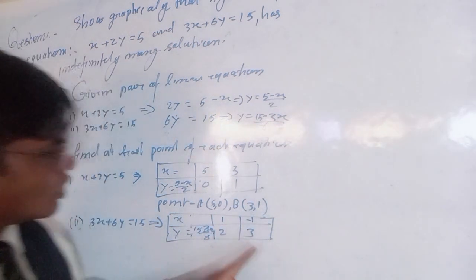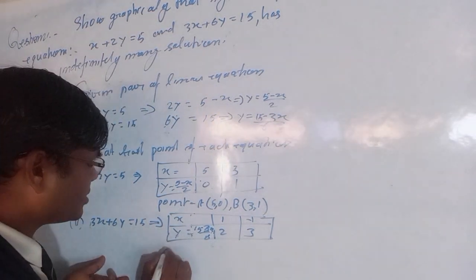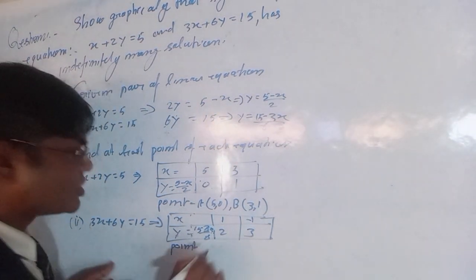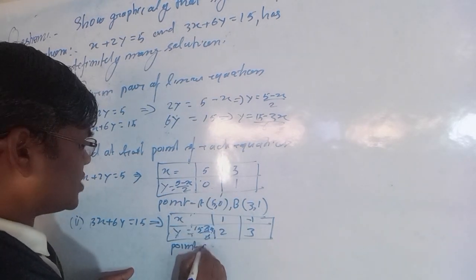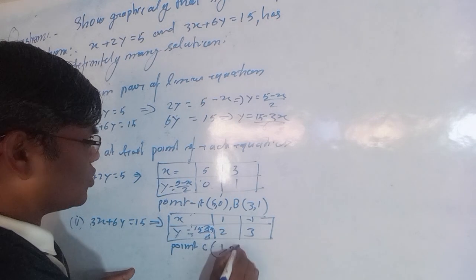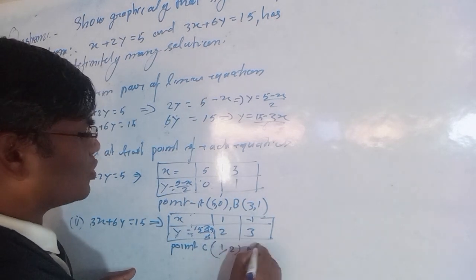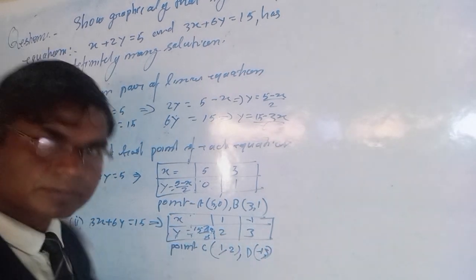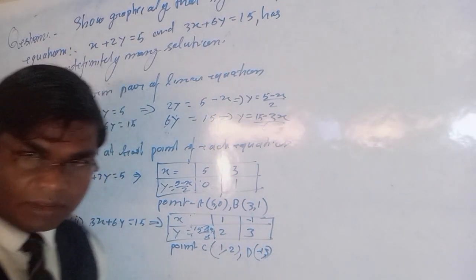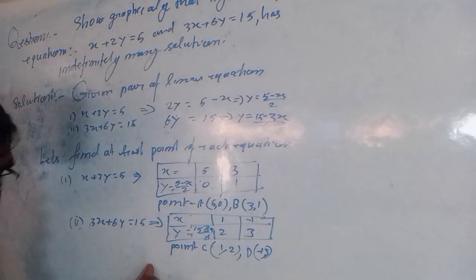Got it? So we have got the points here. Points A and B, the third point C is (1, 2), and D is (minus 1, 3). That makes 4 points. Okay, now we have solved the question.